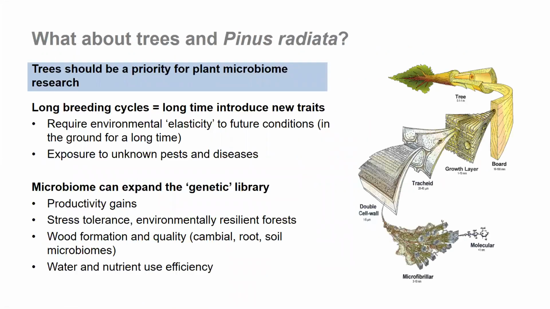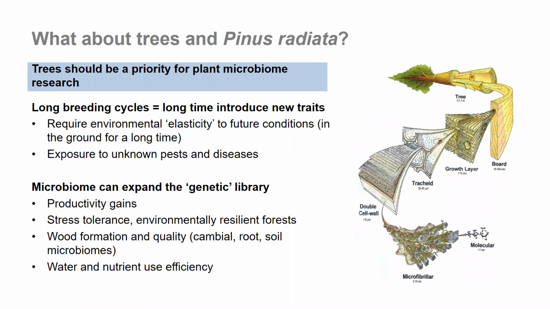So what about trees, and what about Pinus radiata? Trees should really be the priority research for plant microbiomes. Trees have long breeding cycles, so it can take quite a long time to introduce new traits just by the standard selection and breeding approaches that we have.